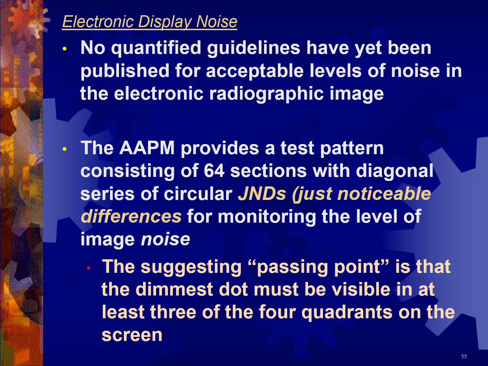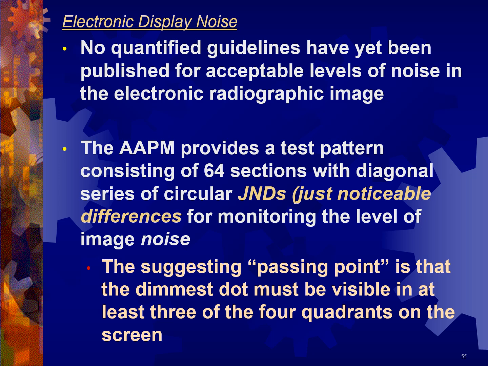There's no quantified guidelines for acceptable levels of noise in the radiographic image. There's a pattern test for just noticeable differences. This suggests the passing point is the dimmest dot must be visible in at least 3 of the 4 quadrants on the screen.